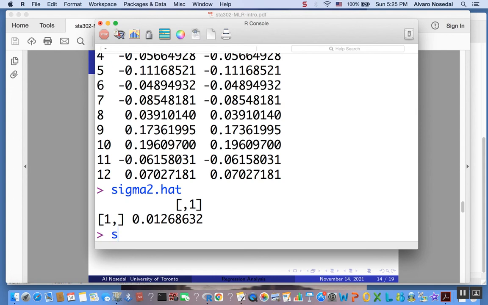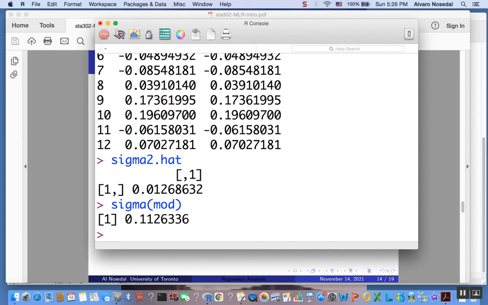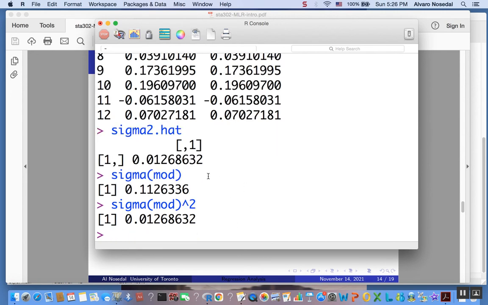For instance, one way of getting that sigma for our model would be this, but this would be just sigma. Remember that the one that you have here is sigma squared, so if you square it, you end up with the same thing.